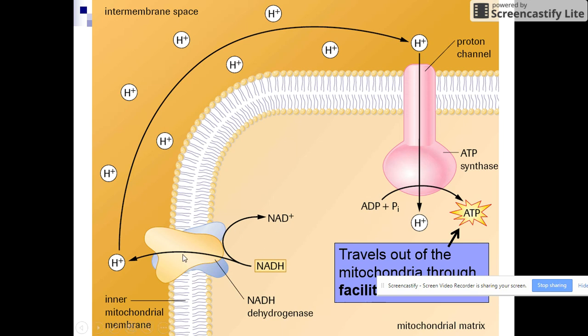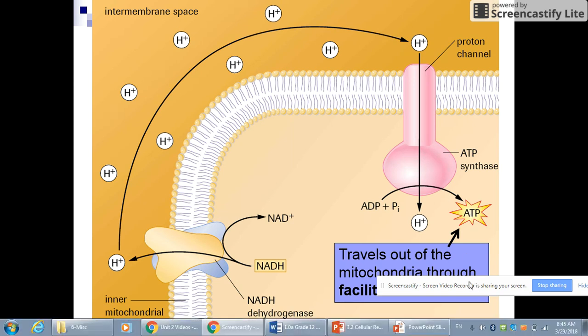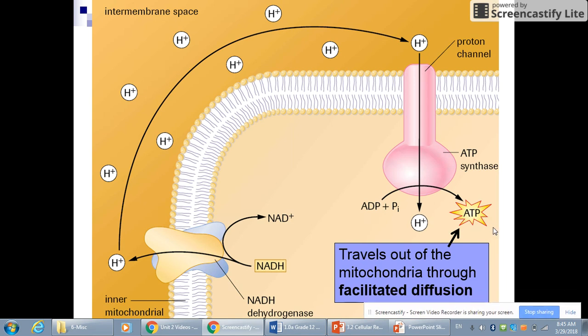So here you can see they've just abbreviated the electron transport chain, just shown the first one with the NADH. All these protons would be pumped across, and here they come back through the ATP synthase, producing ATP, which is in the mitochondrial matrix and would have to get out into the cytoplasm, and it does that by facilitated diffusion.